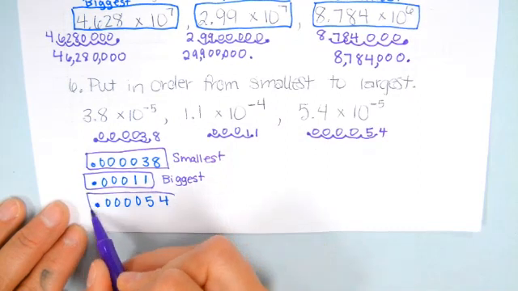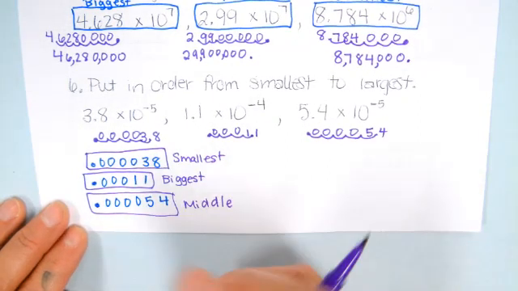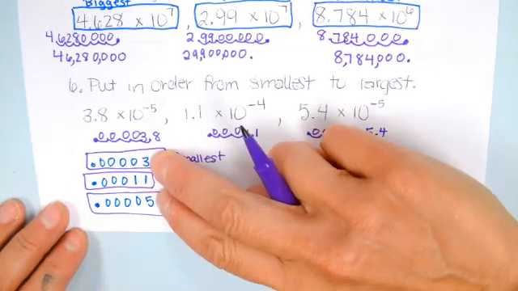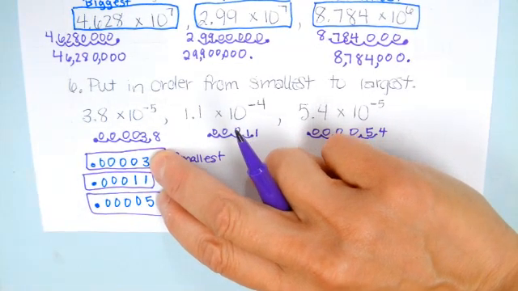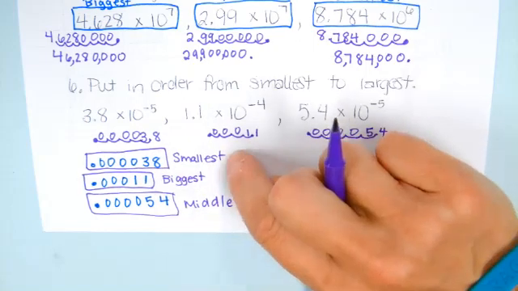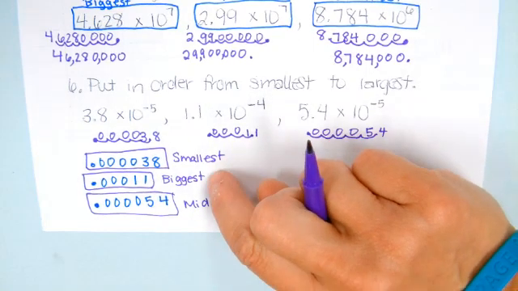Okay. So if it's a tie, do it logically. $3 is less than $5, right? So $3 would be our smallest. 5 is our middle. This is our biggest.